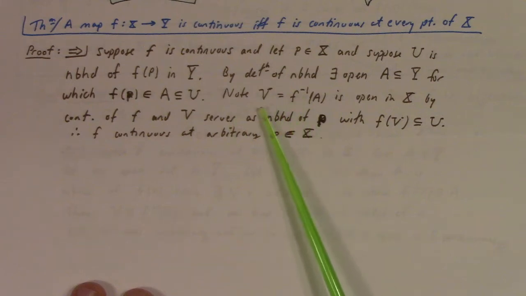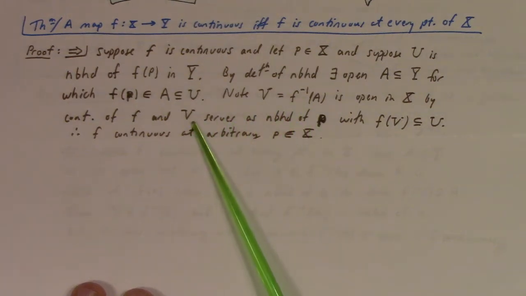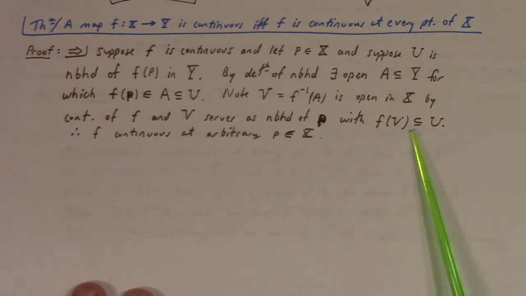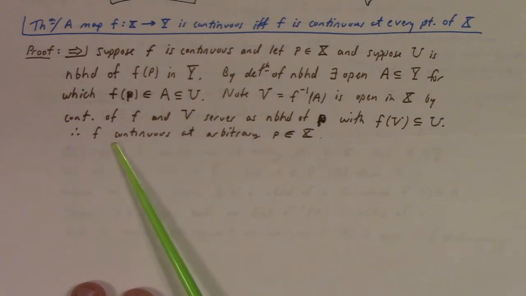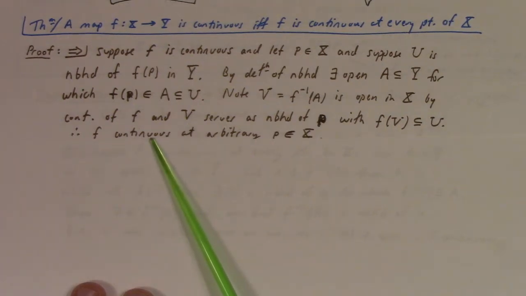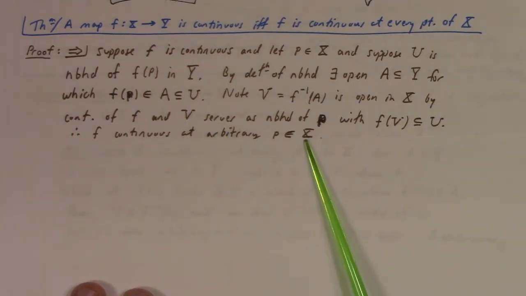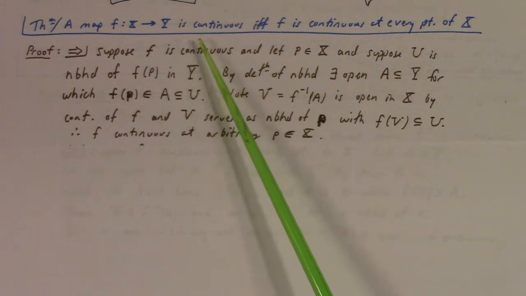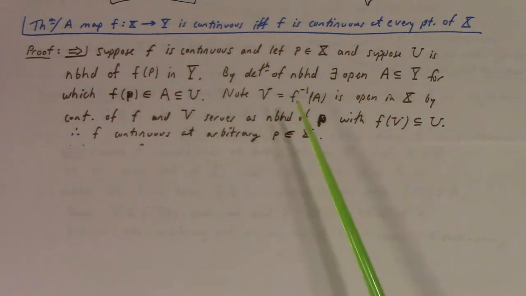And you can see that V will serve as a neighborhood of P, all right? And it has f of V as a subset of U, and therefore f is continuous at arbitrary P in X. So we've just shown that the condition for continuity at a point is met if we just use continuity and follow a point in the neighborhood and such.